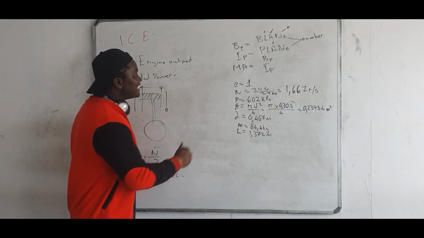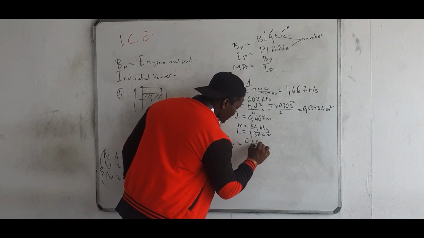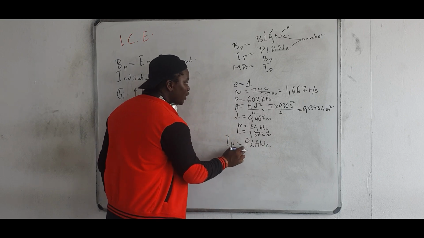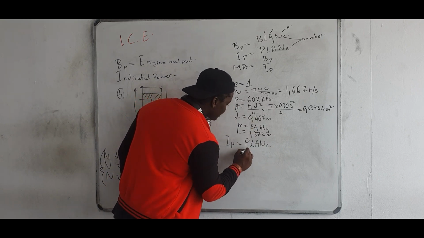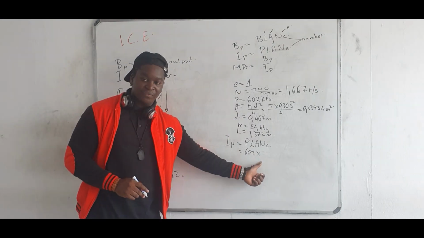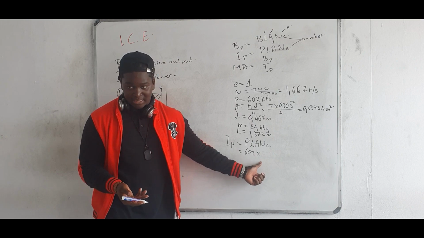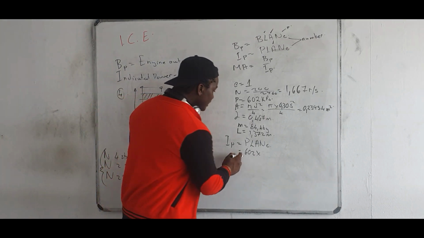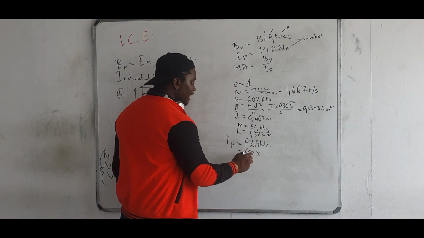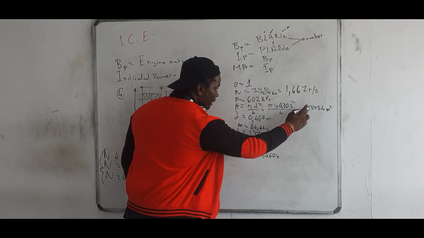So let's calculate indicated power first. IP is equal to PLAN, right? So that is equal to P, which is given as 602. Remember, we don't convert kilopascals to pascals. We just use them in kilopascals. Are we together? 602 multiplied by the length, which is 0,467, multiplied by the area.